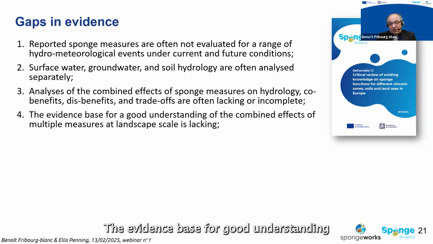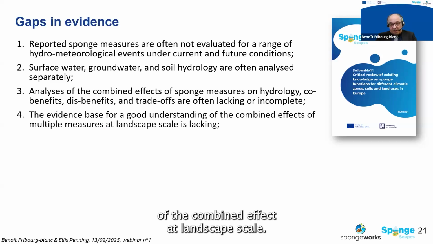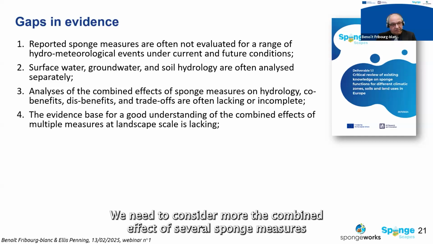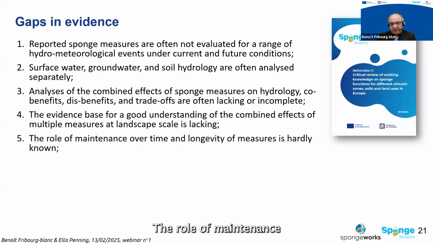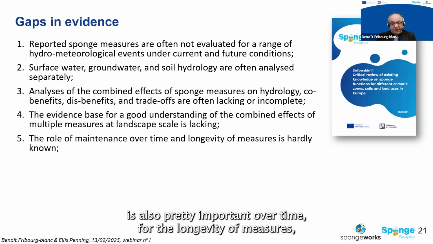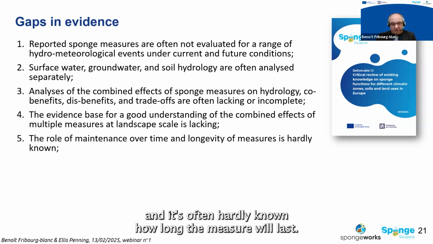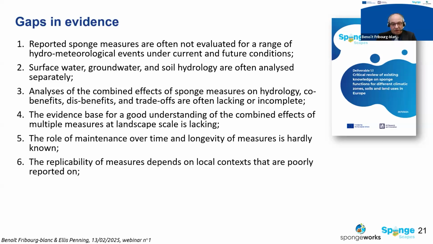The evidence base for good understanding of the combined effect at landscape scale is often lacking currently, because we of course have sponge measures individually, but also at landscape scale with this combination of measures, and there's a need of considering the combined effect. The role of maintenance is also pretty important over time for the longevity of measures, and it's often hardly known.